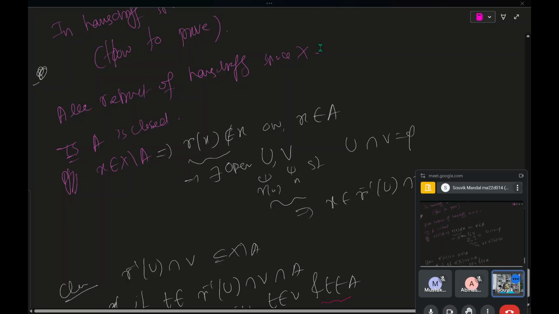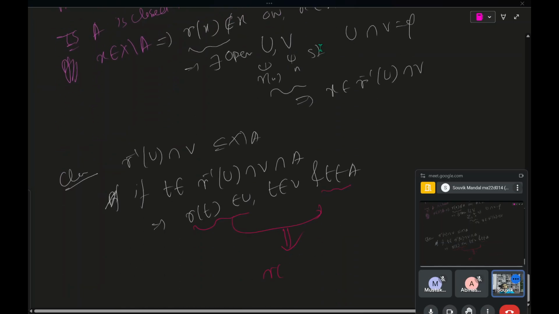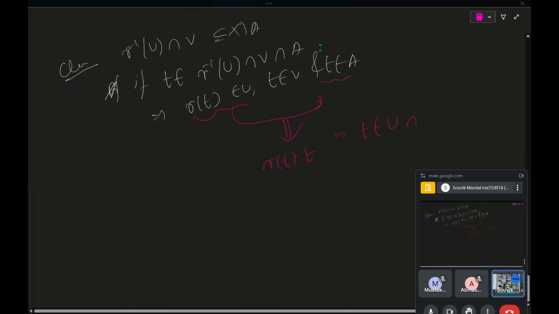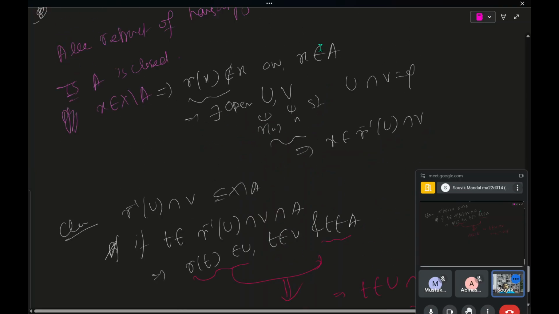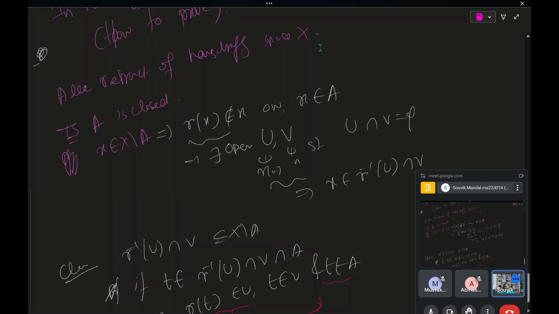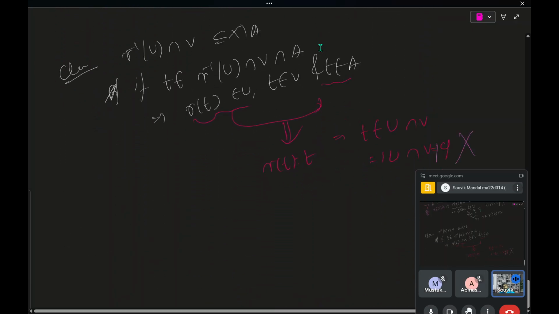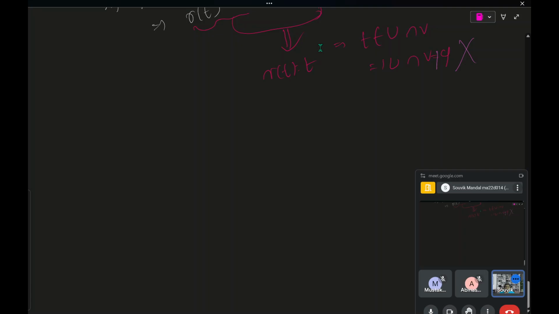This implies t belongs to U intersection V, and this implies U intersection V is non-empty. But that is not possible, because by our choice, U intersection V is empty, but here it is coming out non-empty. So that is a contradiction.